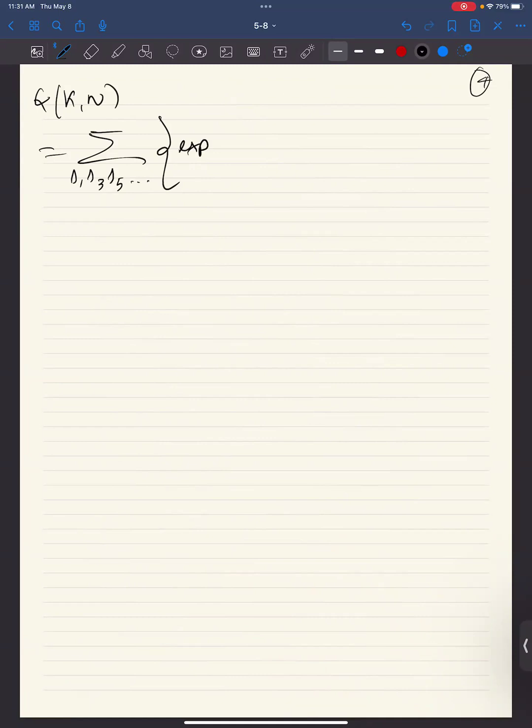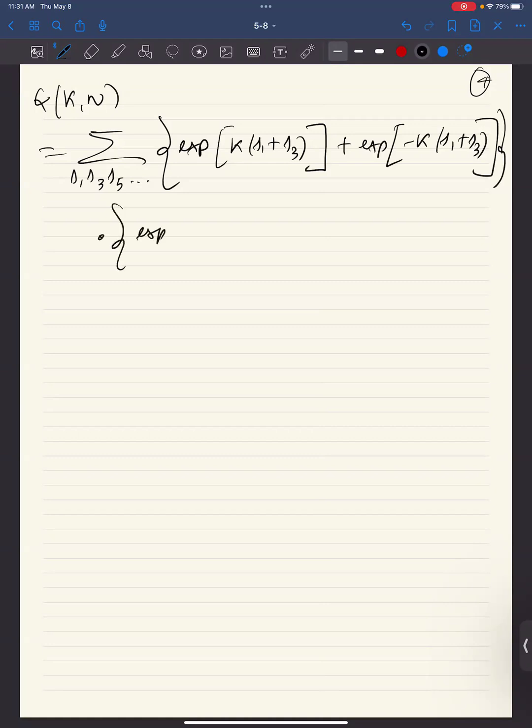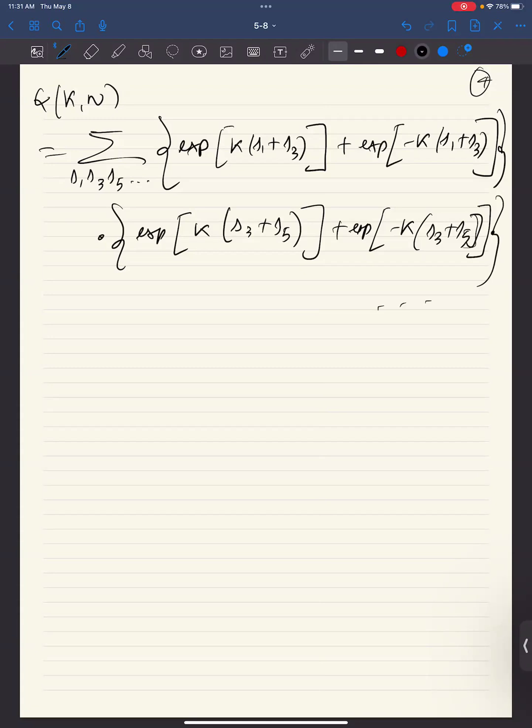So this is going to be exp of K (S1 plus S3) plus exp of minus K (S1 plus S3), multiplied by exp of K. Now, this was when we got rid of S2, right? So now we are getting rid of S4, so it will have S3 and S5: K (S3 plus S5) plus exp of minus K (S3 plus S5), dot dot dot. So this is Q of K, N.